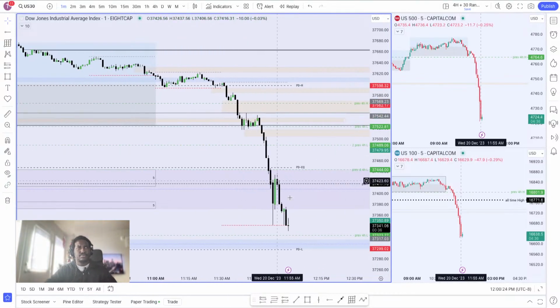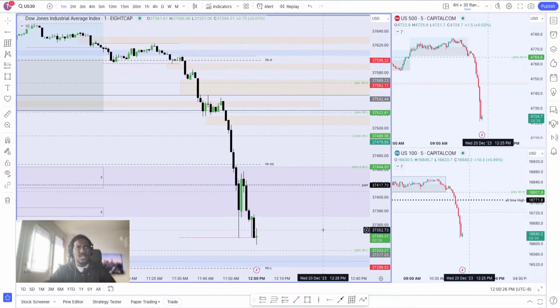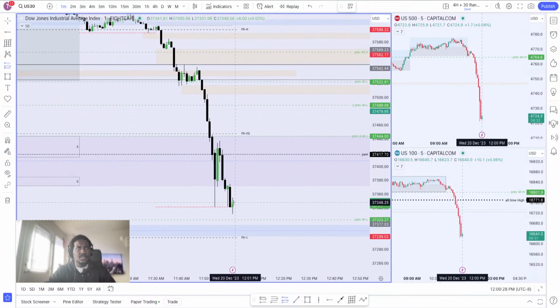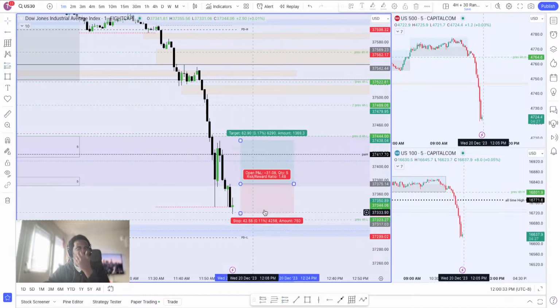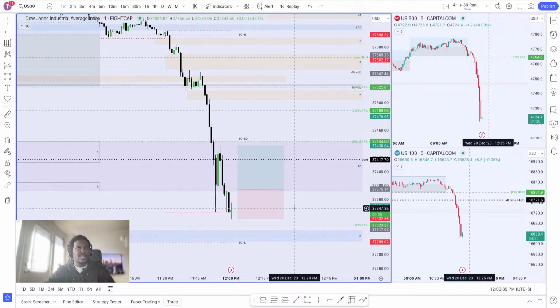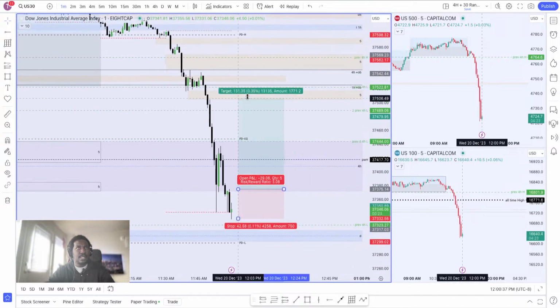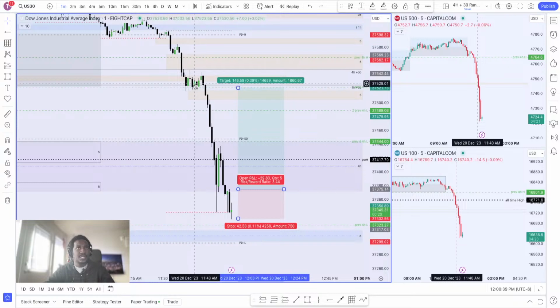Okay, so my entry is now going to be at that high right there. We do have so many levels, man. But we can see if we can work our way up back to this consolidation over here.